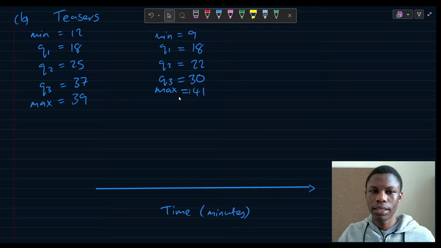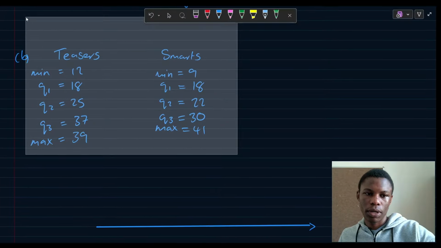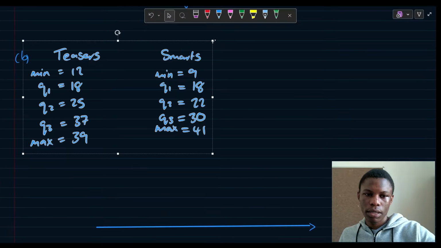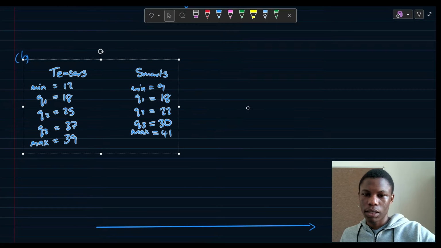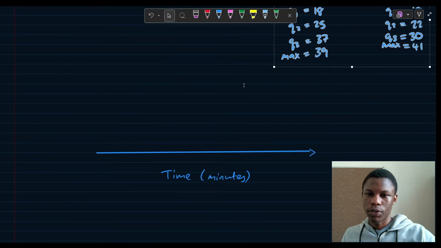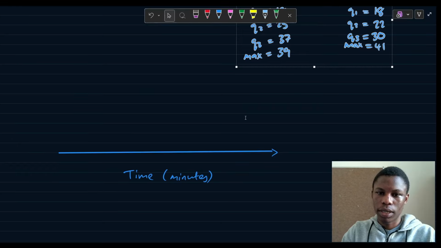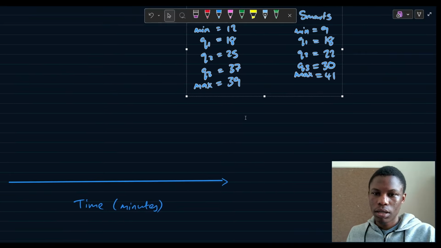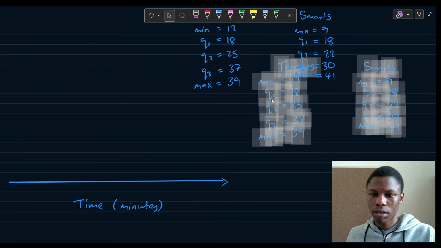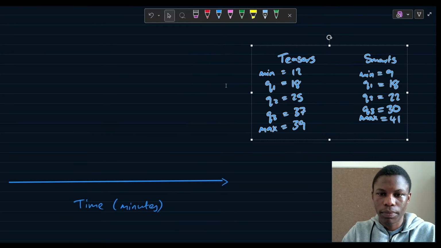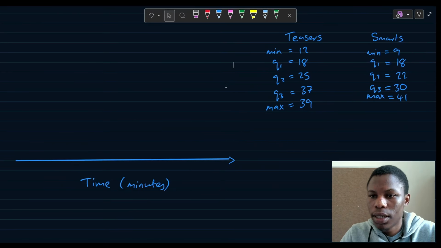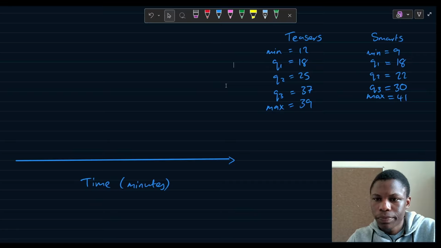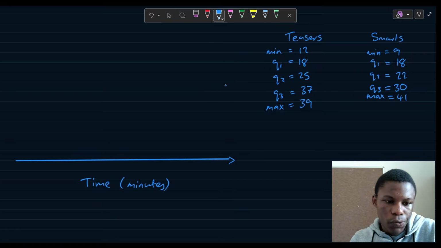Once we have these, we can draw our box and whisker plots. Let me just move them to the side so that they're not in the way. All right, perfect. So I think we're going to move in tens.